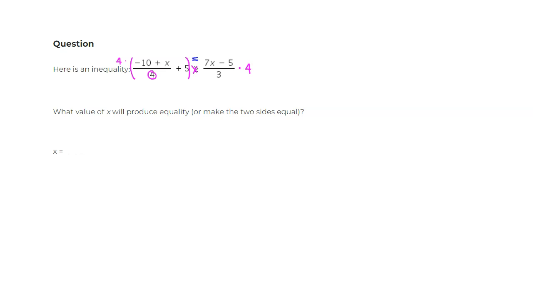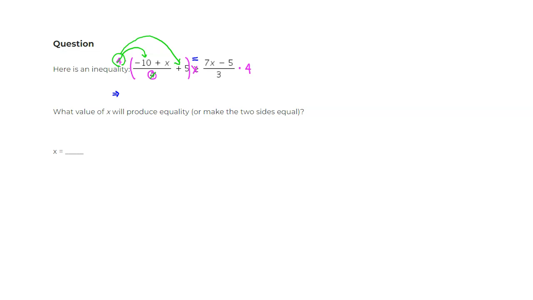Then here the 4's cancel out, but since we distribute to this fractional expression, we can get rid of the 4, but we still have to distribute 4 to 5.